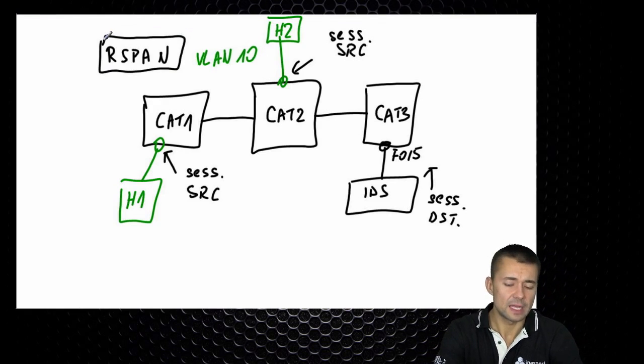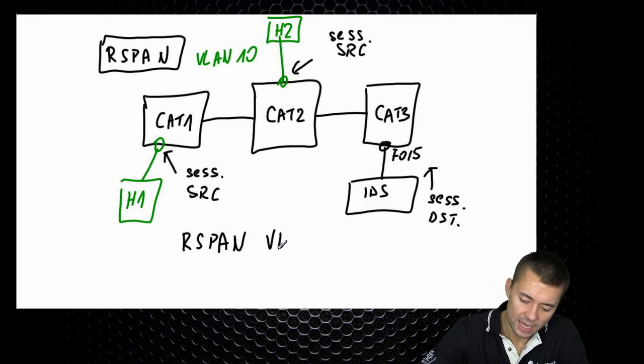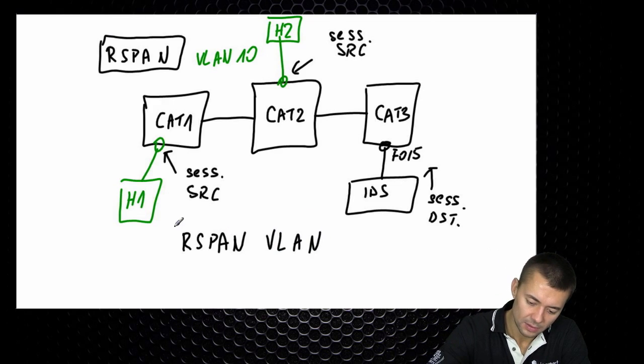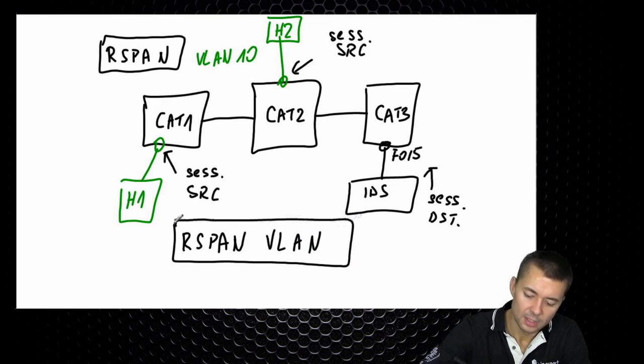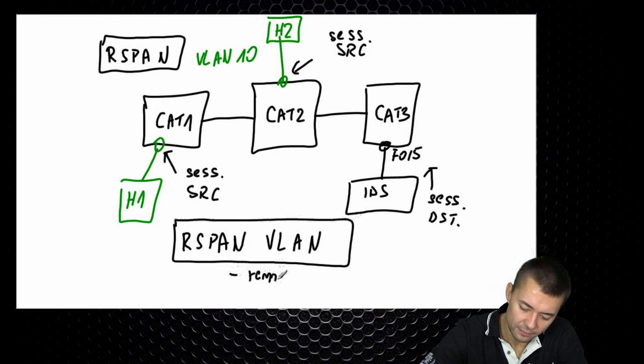So with RSPAN VLAN, there is one additional VLAN that you need to create, which is used to carry those copied packets. So the RSPAN VLAN, you have to create it. You have to specify that this VLAN is a special type, remote span. This is a VLAN attribute.